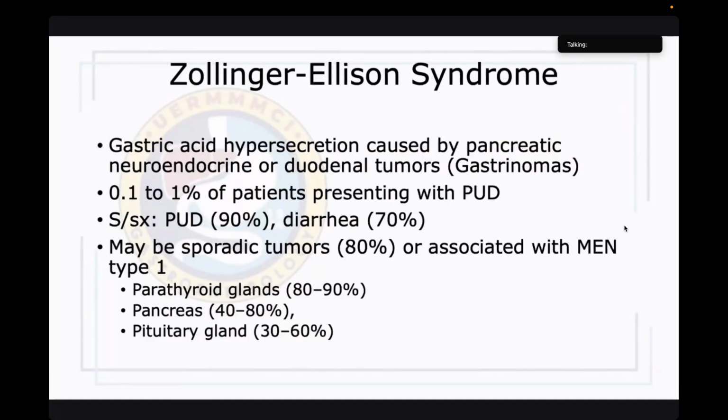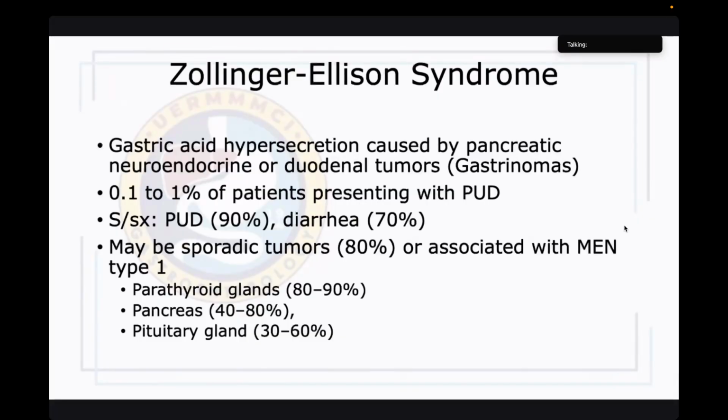Again, if we encounter gastric ulcers and duodenal ulcers that are refractory to treatment, we consider other conditions. And one of the conditions that we should check is the Zollinger-Ellison syndrome. This condition is characterized by marked gastric acid hypersecretion that is caused by gastrin-secreting neuroendocrine tumors or gastrinomas, and these are usually located in the pancreas or the duodenum.